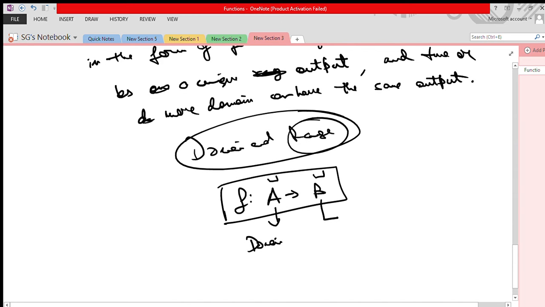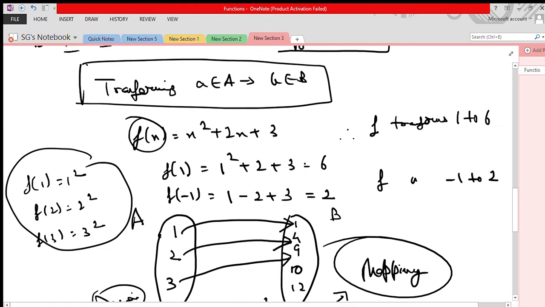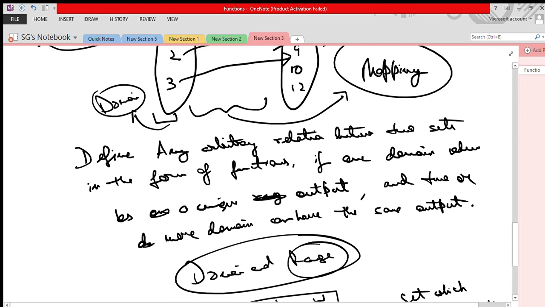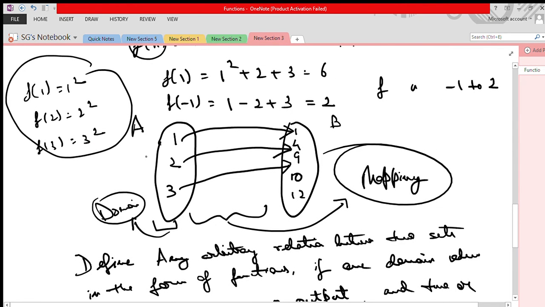But what is B? B is called the codomain. What is the codomain? The codomain is the set which includes all the outputs of f. Like for example, in the previous example which we had just taken, this is your domain, and this particular set B is the codomain.